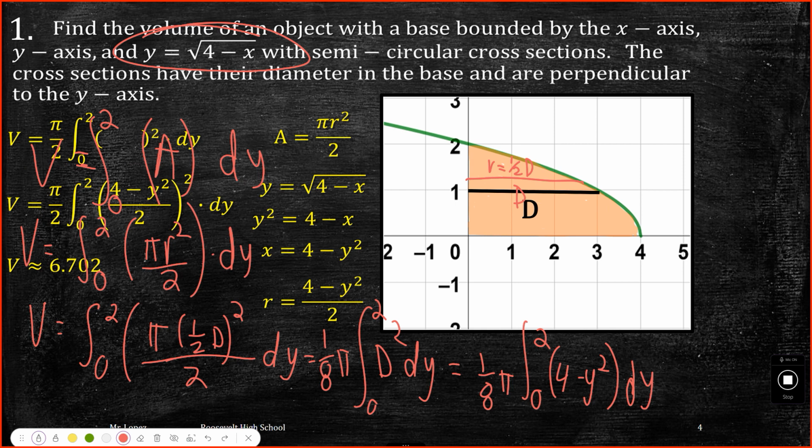Did I write d squared? Why didn't anybody say anything about me not writing that d squared? I didn't write it down on here. It is squared.